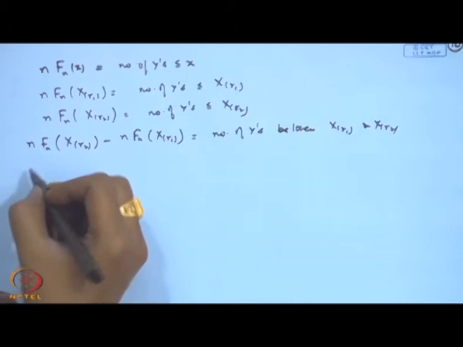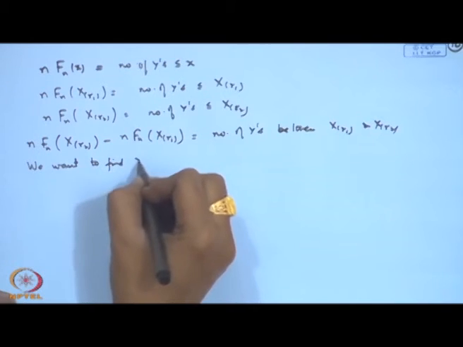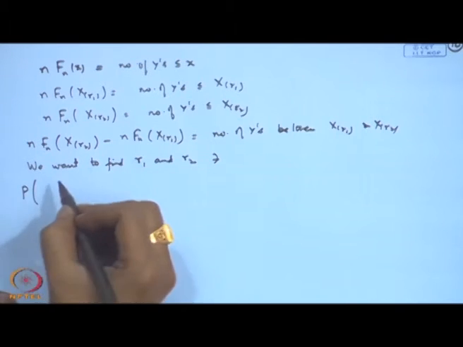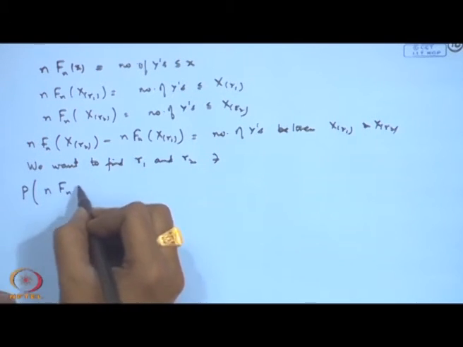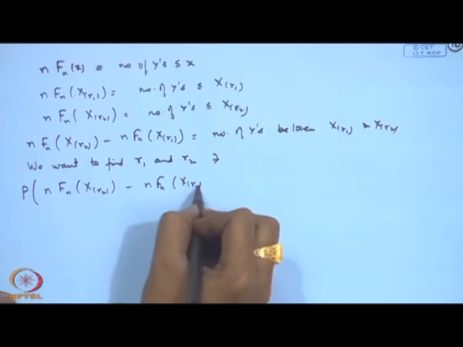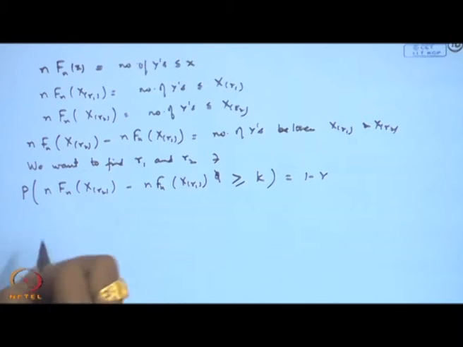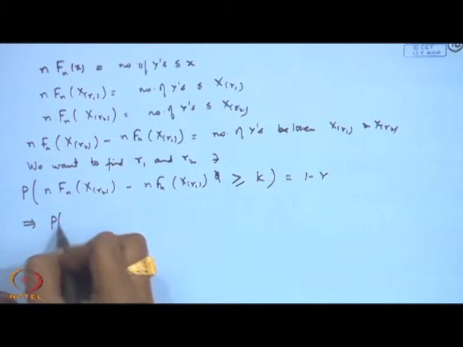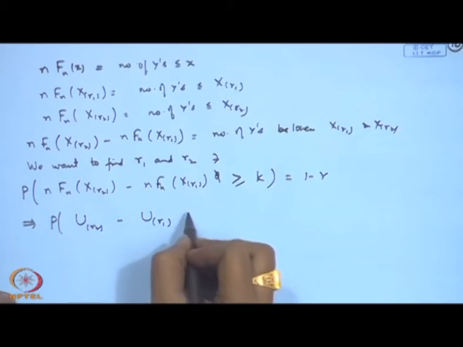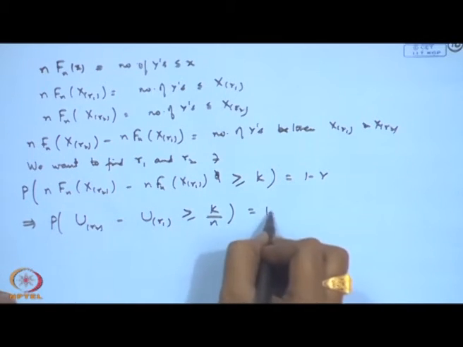So, we want to find R 1 and R 2 such that probability of n times F n x R 2 minus n times F n x R 1 is greater than or equal to k, that is equal to 1 minus gamma. Now, the expression for this is simply U R 2 minus U R 1 greater than or equal to k by n. So, I can divide here, that is equal to 1 minus gamma.